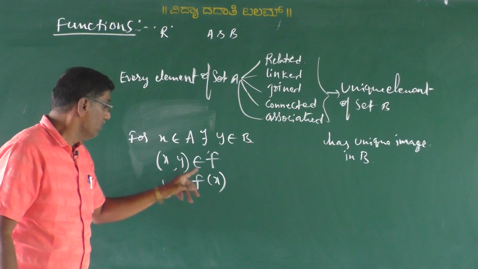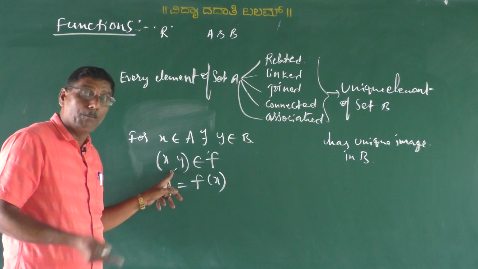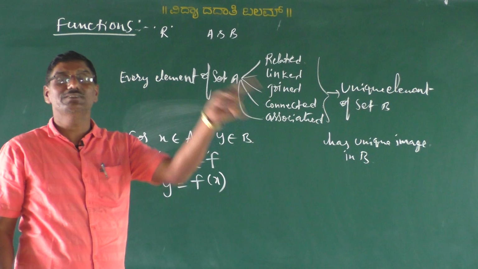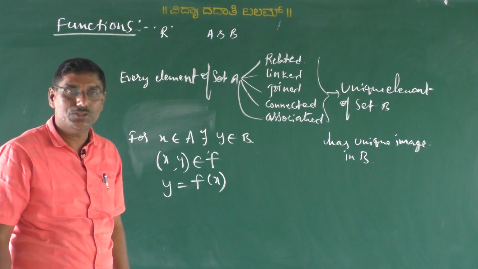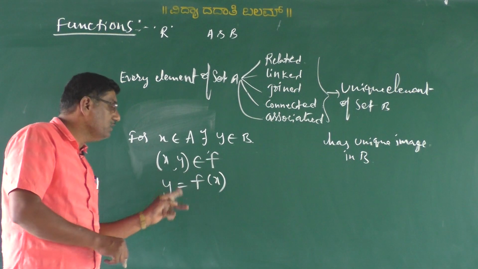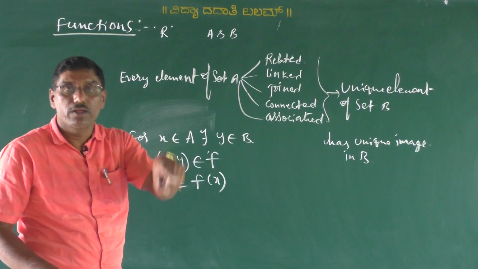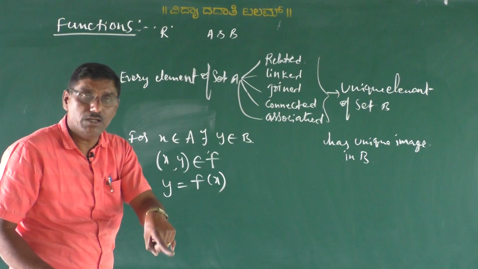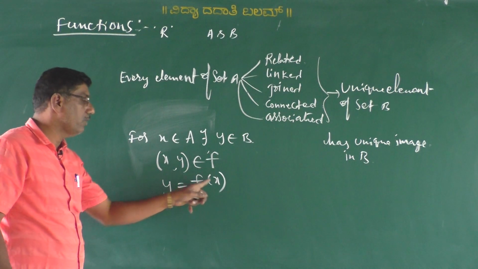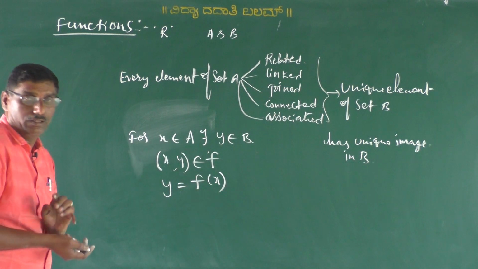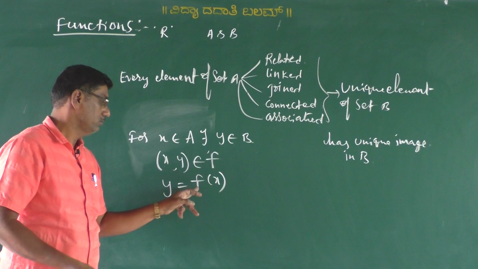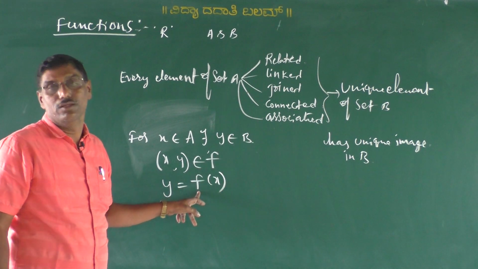That means x is called the pre-image of y and y is called the image of x. Now, generally we write y is equal to f of x, which means here x is related to y under the function f.